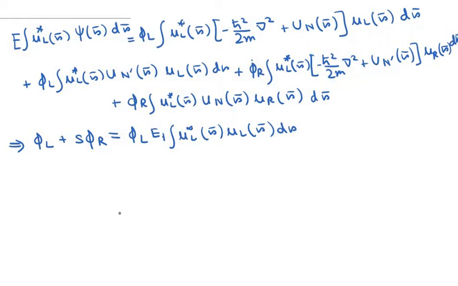Plus, the third term is phi R. E1 is a constant, so E1 comes out of the integral. So integral of UL star R URR dr. So this is the third term. Let me just denote it by an arrow here, which term comes from where.